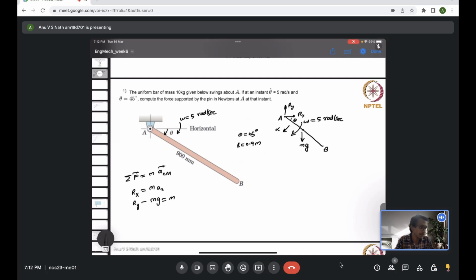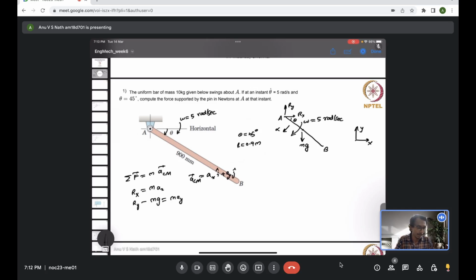Ry minus mg is equal to mass times acceleration in the y direction. Here Ax and Ay are the components of the center of mass acceleration, Ax i and Ay j, so we are writing this equation for the center of mass. The coordinate system is the normal one: x direction is this, y direction is this. So that's what I wrote here.